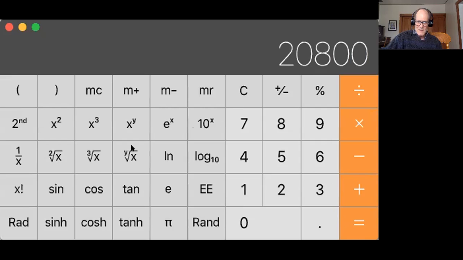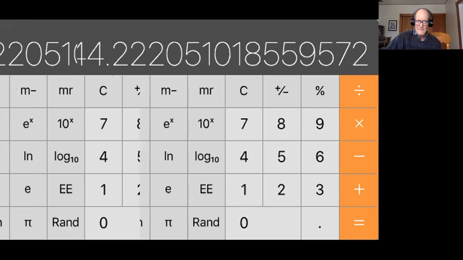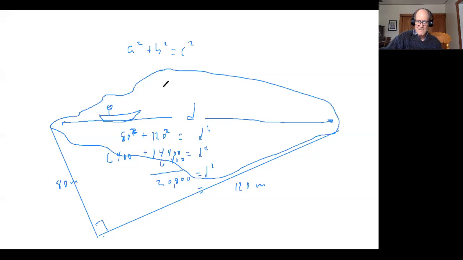And then take the square root of 20,800, and we get about 144. 144 meters. There, we've effectively measured our distance without actually getting wet.